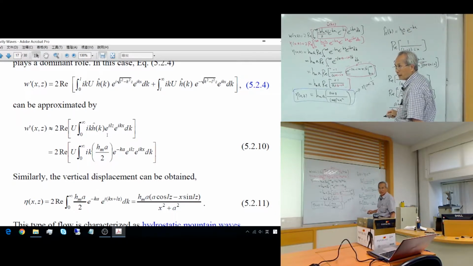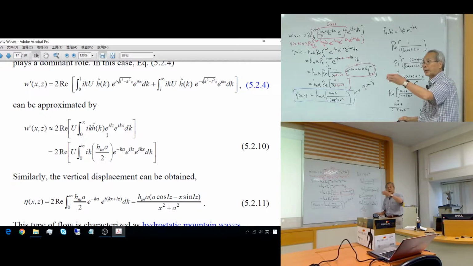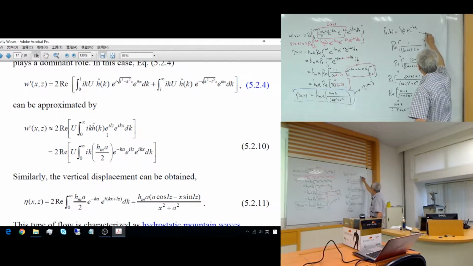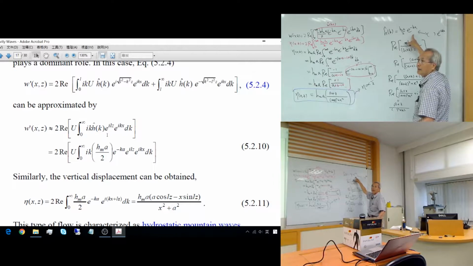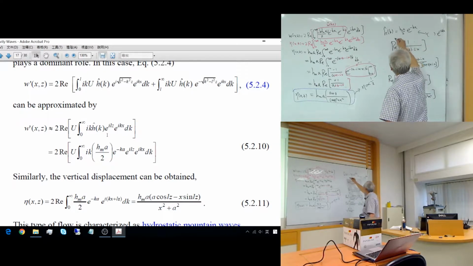If we use the regular Fourier transform, it's the same thing, e to the minus K times A. This is the one-sided Fourier transform, and this is the regular Fourier transform. So we have this one.